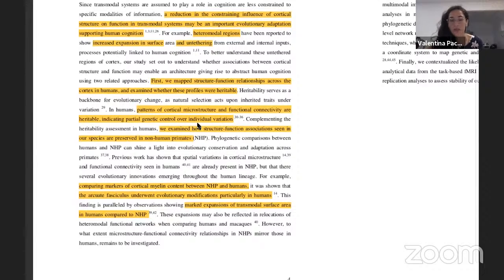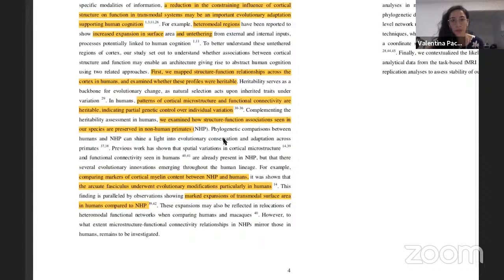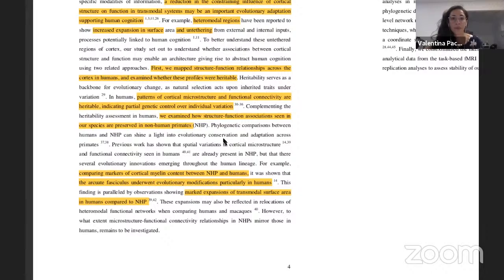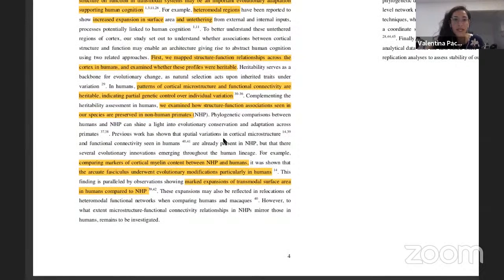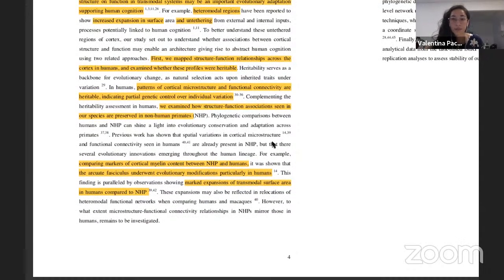This hypothesis is supported by previous studies that showed that microstructure and functional connectivity are indeed partially heritable. And furthermore, they examined how structure and function association is different between human and non-human primates.